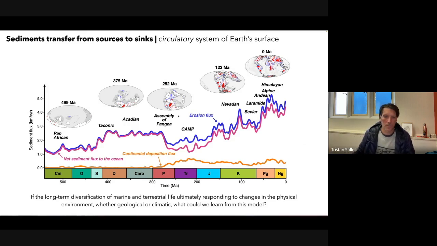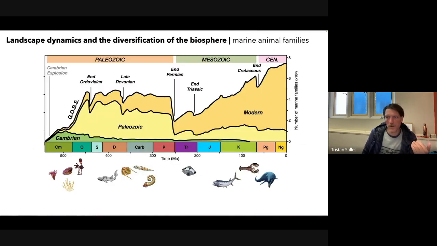What we looked at was whether there was any relationship between this sediment flux and the evolution of marine and terrestrial life. The first thing we looked at was marine animal families. Here we've got the number of marine families over time.